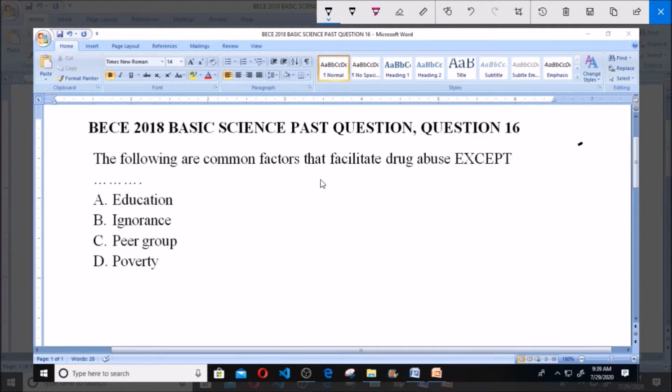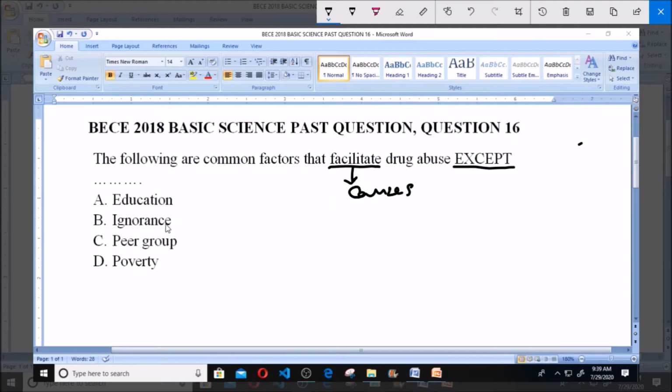So we have to pick a factor that does not, because the word "except" here means that does not facilitate drug abuse, and like we know, facilitate means what? That encourage or causes drug abuse. So we have to pick an option that does not cause or lead towards drug abuse.